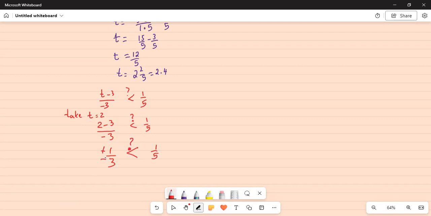So this is 1/3 less than 1/5. Think of 1 divided into 3 equal parts and 1 divided into 5 equal parts. 1/3 is definitely greater than 1/5, not less. So t less than 2.4 is not working.